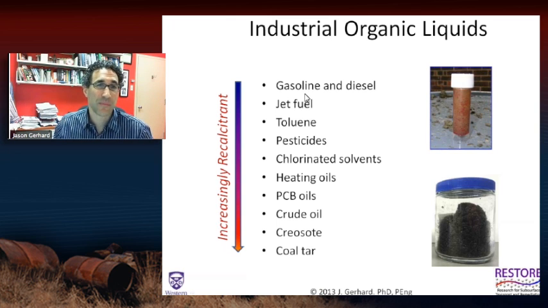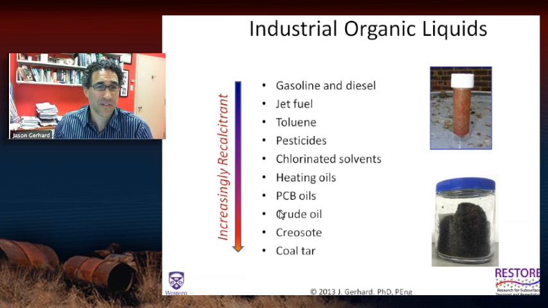These compounds up here, as you know, have low density and low boiling points and low number of carbons in their hydrocarbon chain. So they're quite soluble, they're quite volatile, and therefore there's many technologies that can try and that are successful at remediating them, given appropriate circumstances in the subsurface.